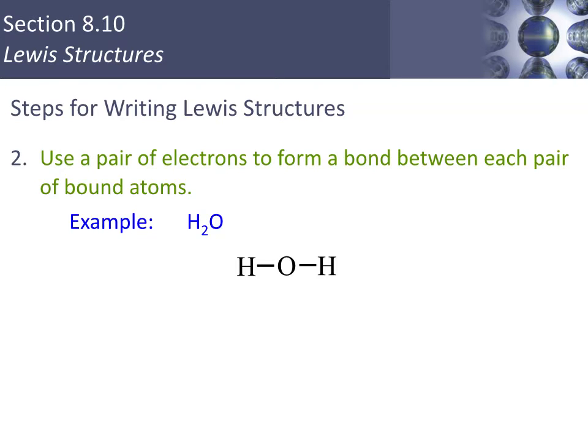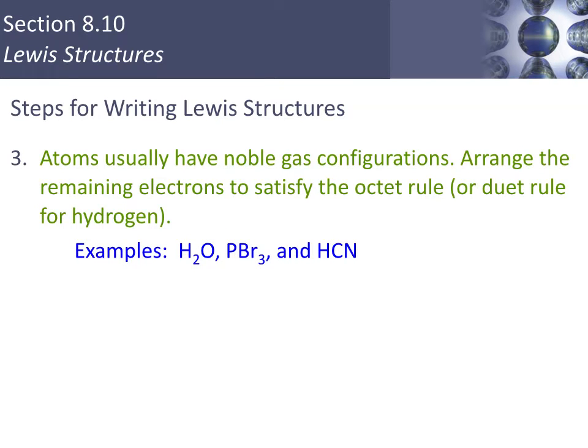Then we need to arrange the remaining electrons to satisfy the octet rule, or the duet rule for hydrogen. Because we had 4 electrons left and hydrogen's valence shell was already full, we're going to put the remaining 4 electrons on oxygen.